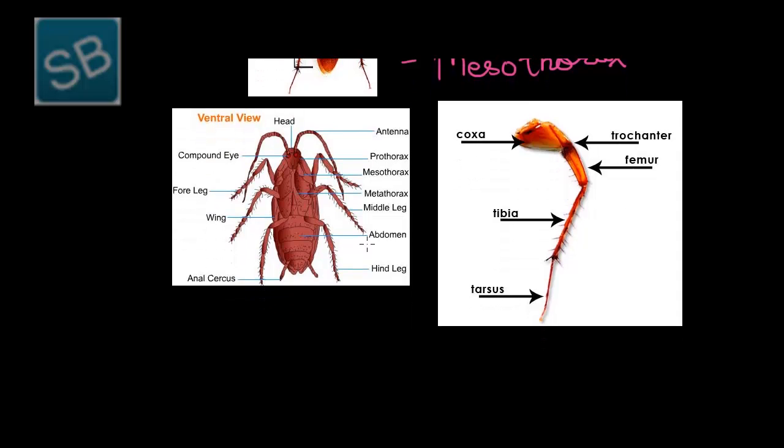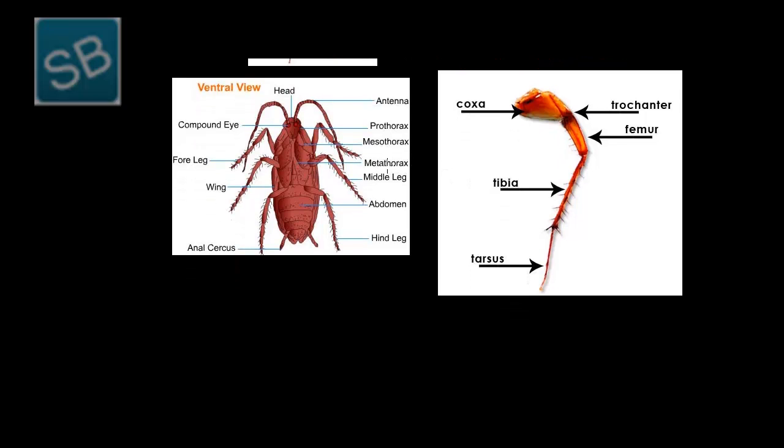Apart from that, the first pair of wings arises from mesothorax and the second pair arises from the metathorax. The first pair of wings arising from mesothorax are generally horny and protective in nature.